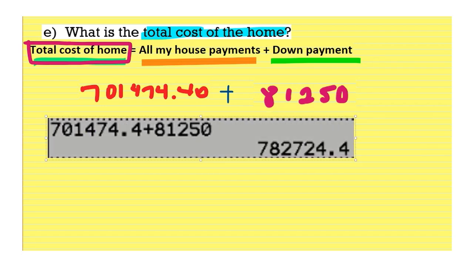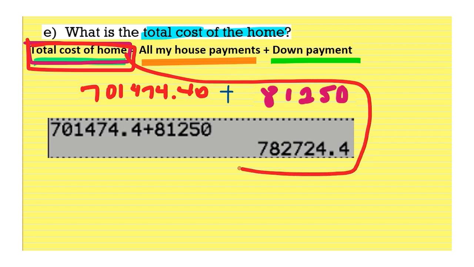So when I add those up, the total cost of my home is going to be $782,724.40.